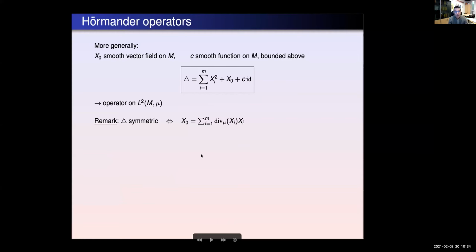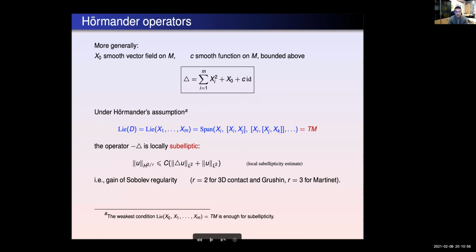Actually, more generally, we can consider so-called Hörmander operators that are also sums of squares of vector fields, but to which you can add some drift term and also, why not, some term of order 0. These are the celebrated Hörmander operators.